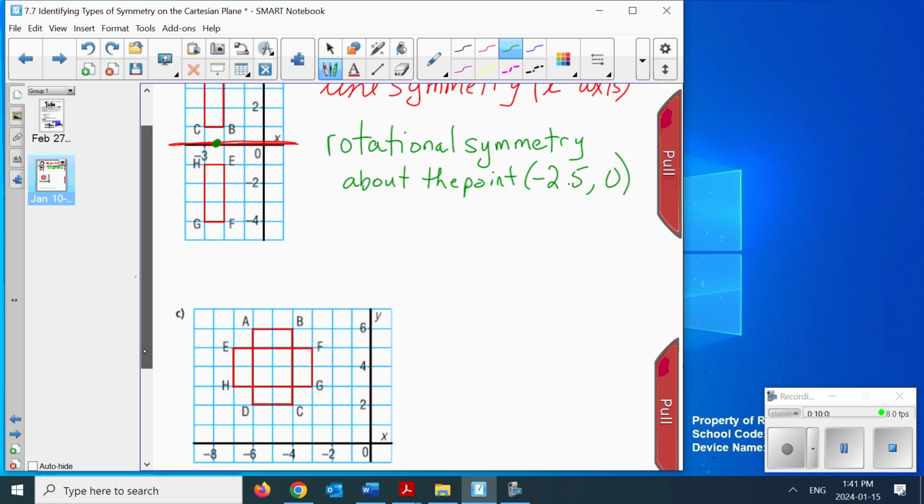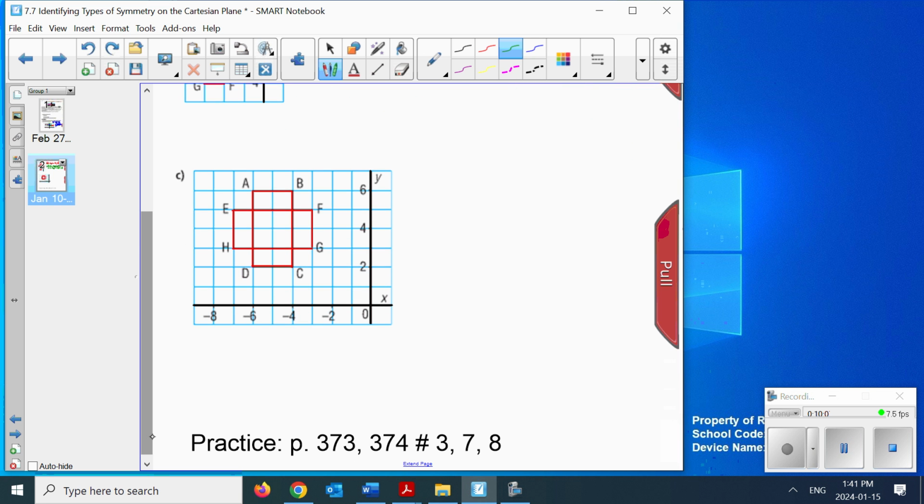Lastly, okay, this isn't one shape. This is two shapes, but they're just on top of each other. So let's consider the ABCD the first shape. So it's definitely not a mirror image. It's not line symmetry. How do you spin this one, guys? Yeah, that's the dead center.